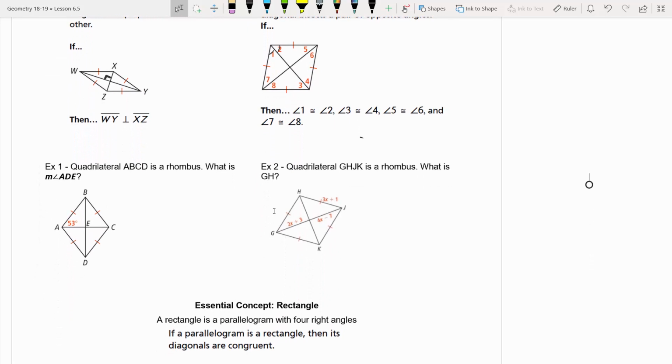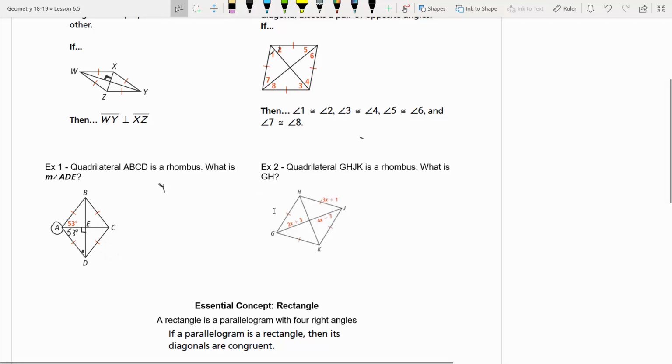So if we look closely at these 2 examples, they tell us that we've got a rhombus here, and they want to know what's the measure of angle ADE. So they want this angle down here. Well, if we know it's a rhombus, I know that this angle A has been bisected, and that I've got 53 degrees right there. I also know that my diagonals are perpendicular, so I know that that's a 90-degree angle.